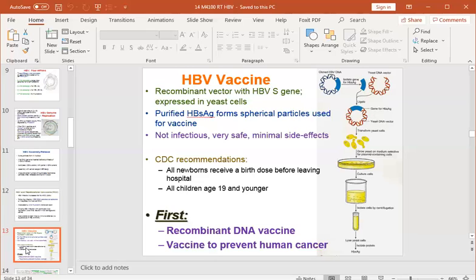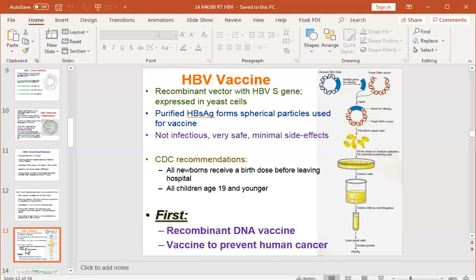propagate these cells, then isolate these cells from the culture by centrifugation. The yeast cells are heavier, they go to the bottom, then we purify them and lyse the cells, and isolate the protein, which is HBS protein.